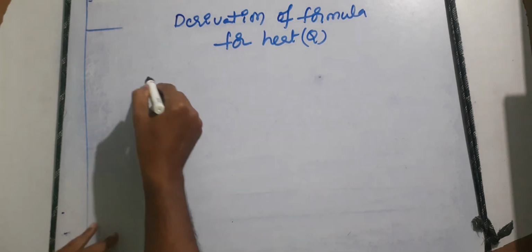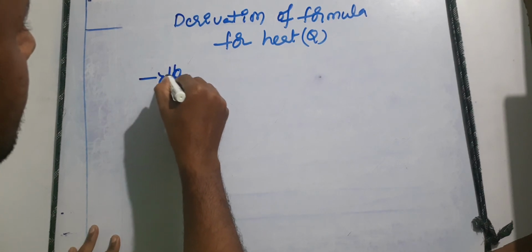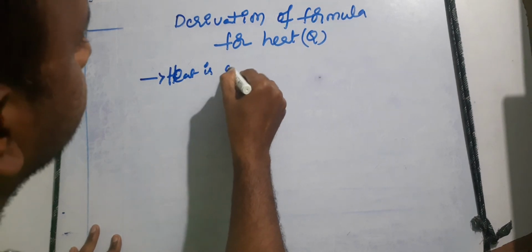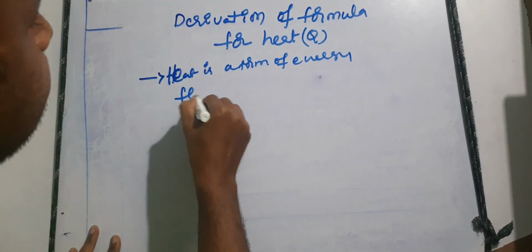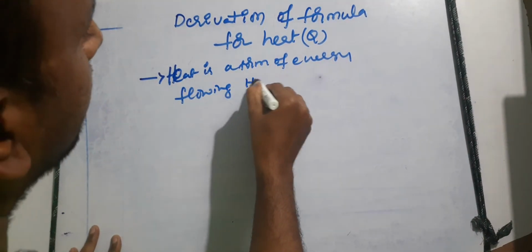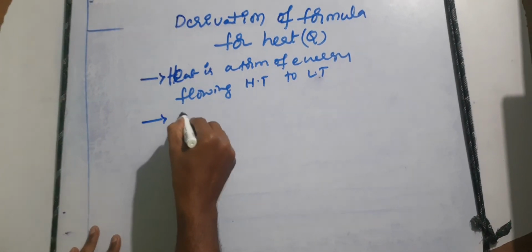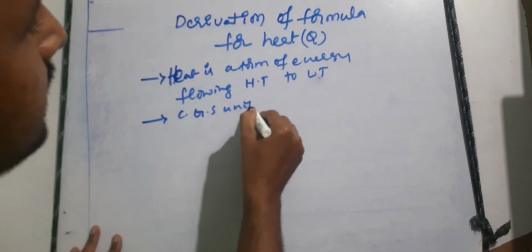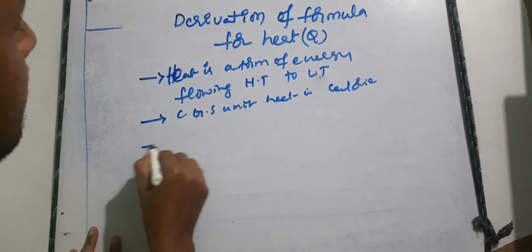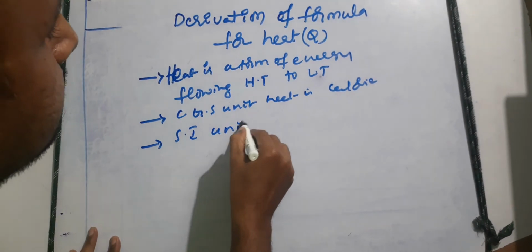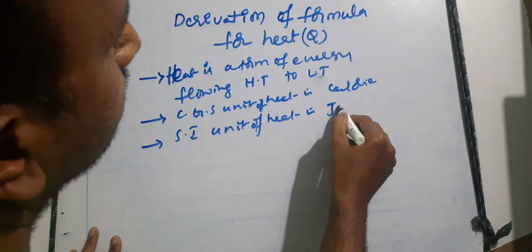You know that heat is a form of energy flowing from higher temperature to lower temperature, and the CGS unit of heat is calorie, and the SI unit of heat is joule.